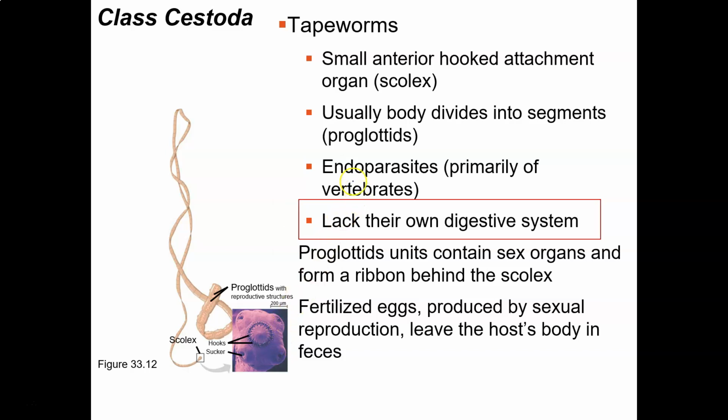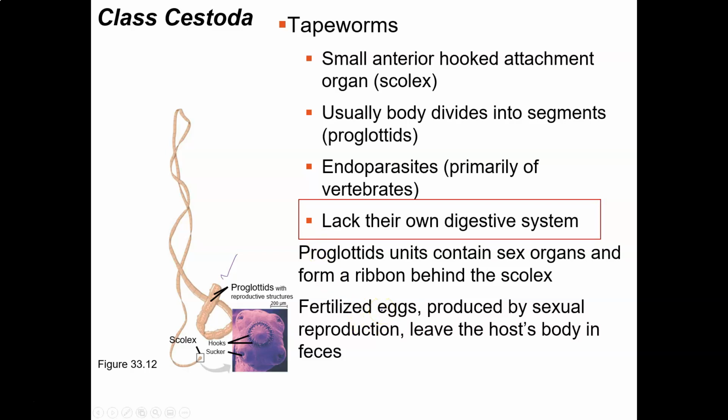Usually the body is divided into segments, proglottid segments. They start out small, and as they mature, they get bigger and bigger as we go down the organism until the proglottid segments are mature with reproductive structures and produce fertilized eggs. They get broken off into segments and leave the host body in their feces.